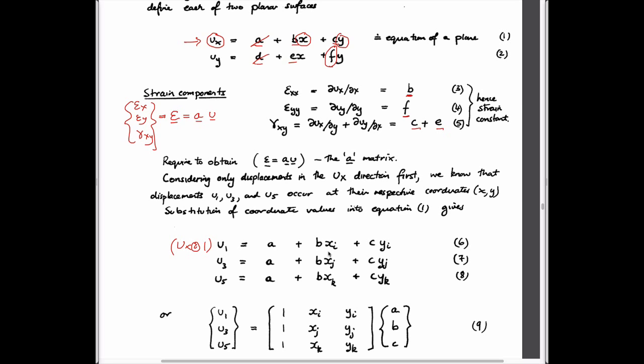And we know at node 1 the coordinates are xi and yi. We can write it in terms of displacement degree of freedom in the x direction at node 2, which is u3. These will be the coordinates of that node. And likewise, the displacement in the x direction at node 3, which is u5. So these are the degrees of freedom of our system.